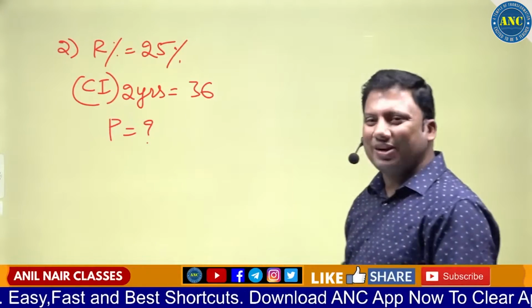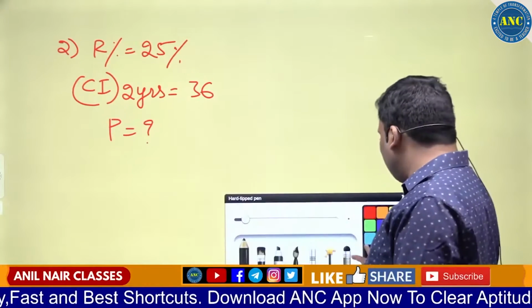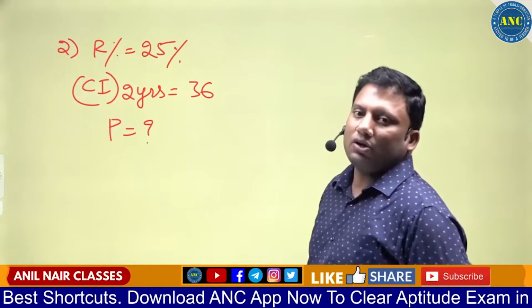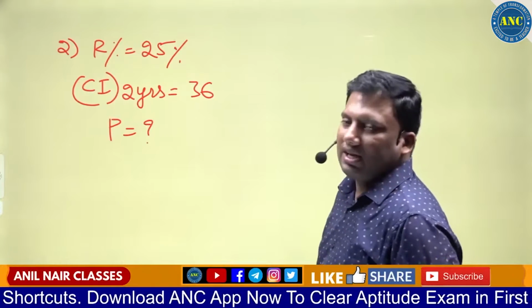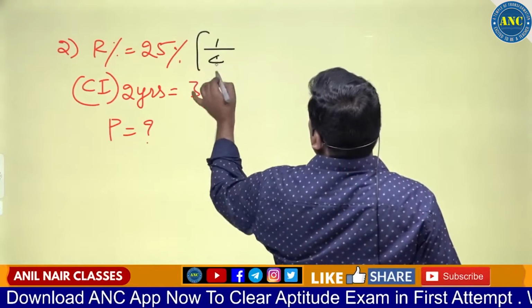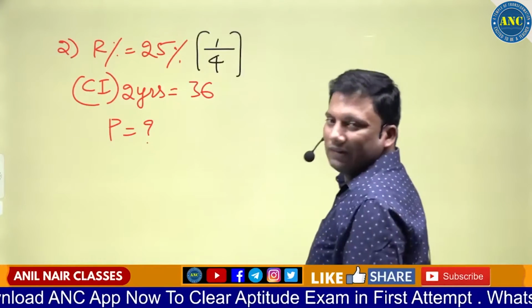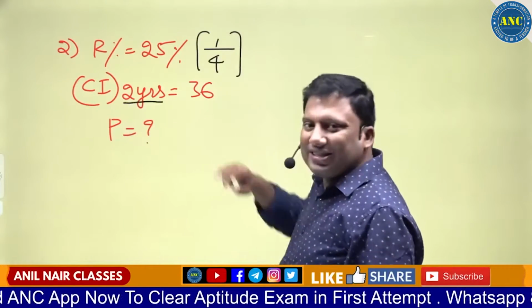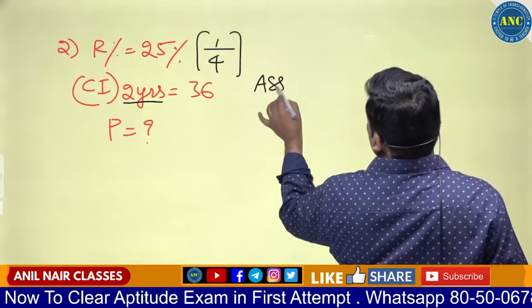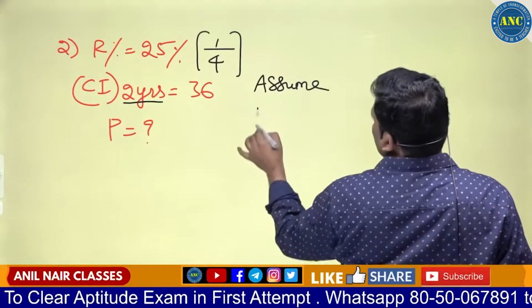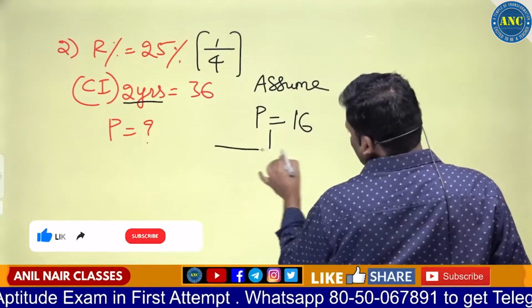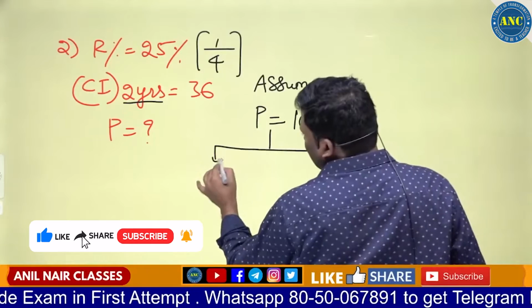Very, very easy question. 25 percentage is 1 by 4. Which year is given? 2 years is given. Assume the principal equivalent to denominator power k: 4 square, it is 16.